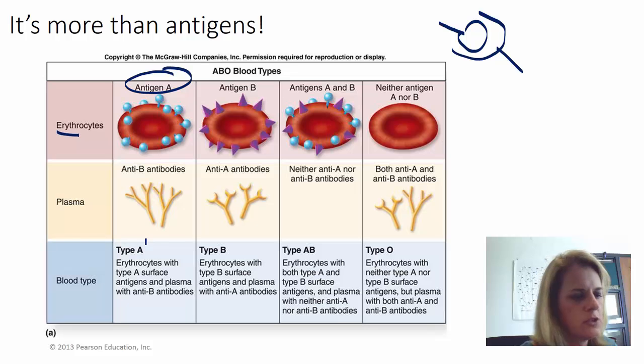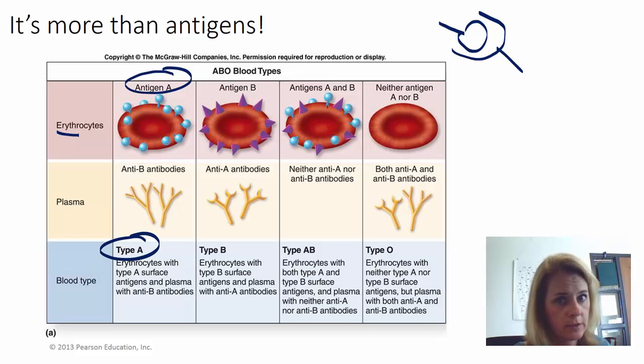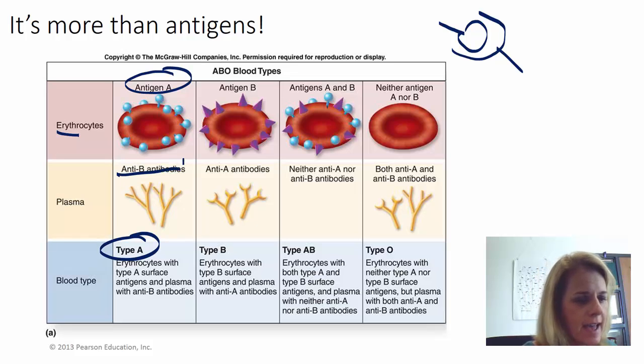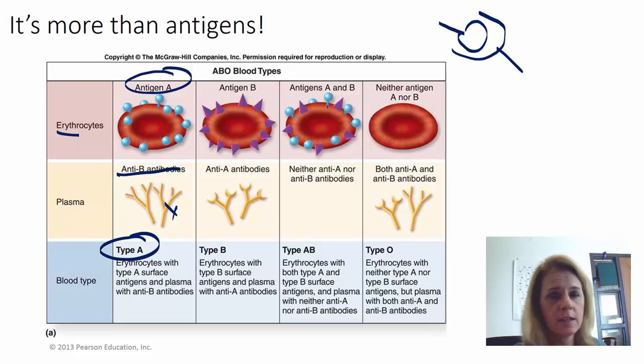That means you have type A blood because your cells have A antigens. Your plasma has the anti-B antibodies. So notice that shape does not match your antigens, so it's not going to clump up your own blood.